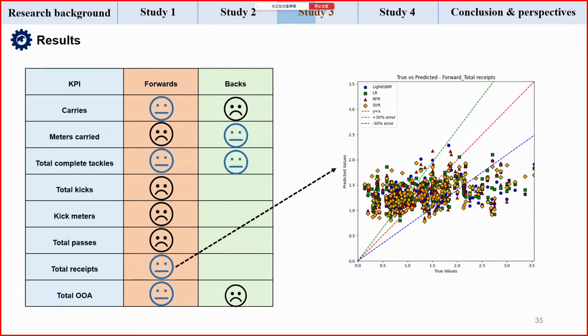Additionally, some predicted KPIs had slightly better results than those poorly performing ones. They have larger data sets, but their predicted values still fluctuated within a limited range. These include carries, total complete tackles, total receipts, and total order of arrival for forwards, and meters carried and total complete tackles for backs.